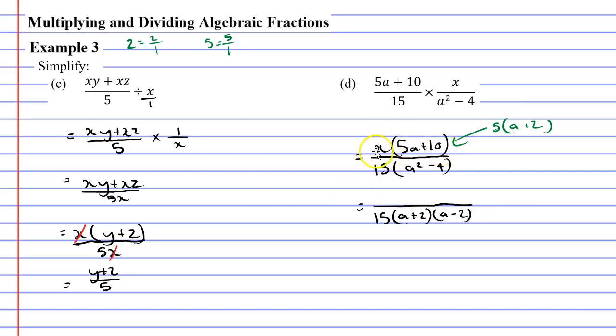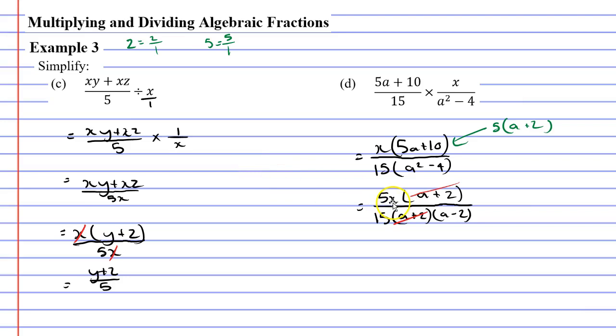But what do we do with this x to the left? Well, I'm actually going to put this x next to my 5. So I'm going to have 5x bracket a plus 2. Okay. Now already we can see something that we can cancel. We've got a plus 2 above and below. So let's cancel that to start with.